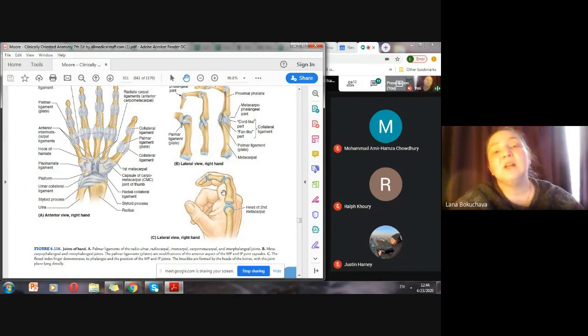We can produce abduction, away from the midline, and adduction, towards the midline. We talked about that also in the beginning. The only thing which cannot be done in this case is mainly rotation. Rotation of the digits cannot be performed. Even the circumductory type of movement can be produced by the metacarpophalangeal joints.